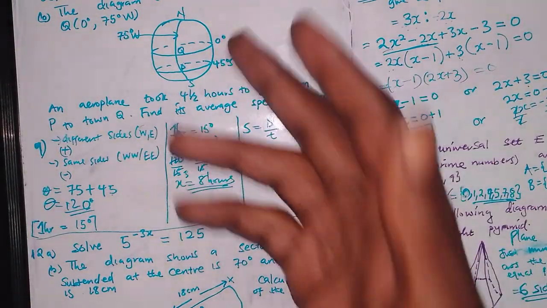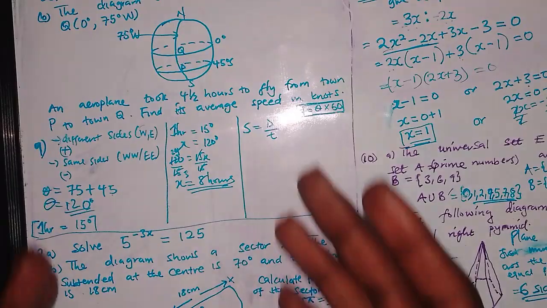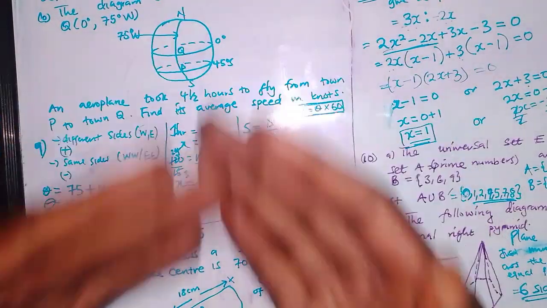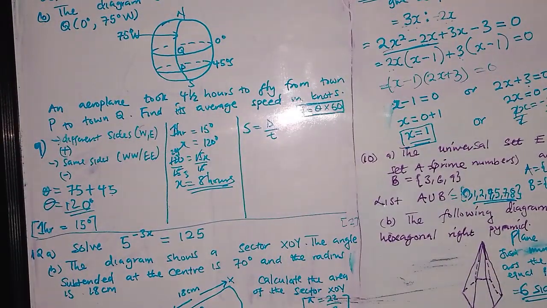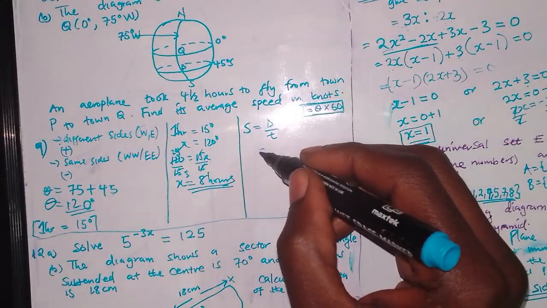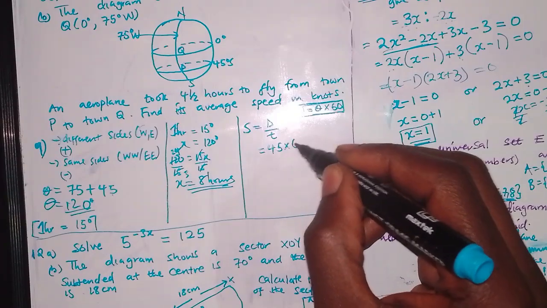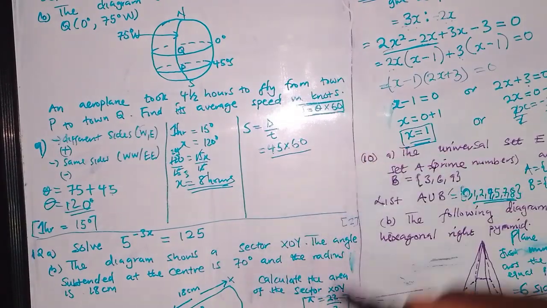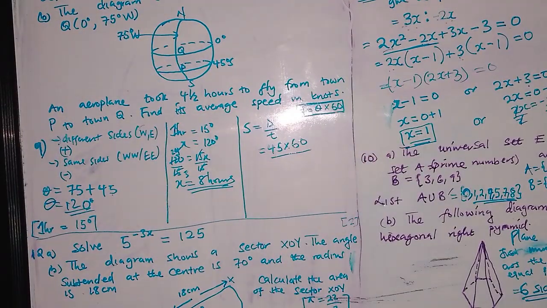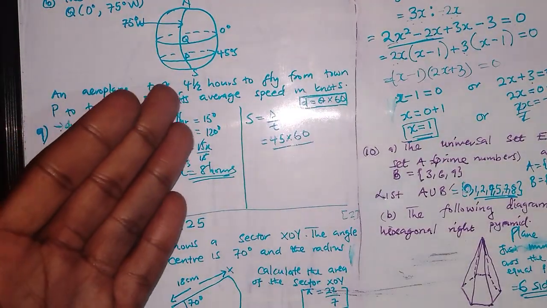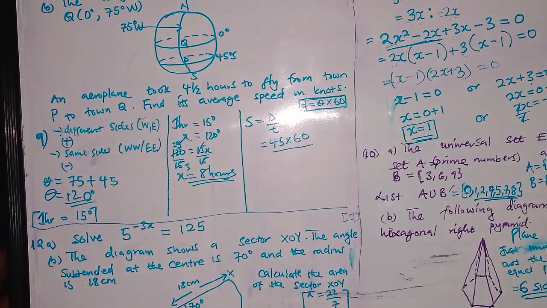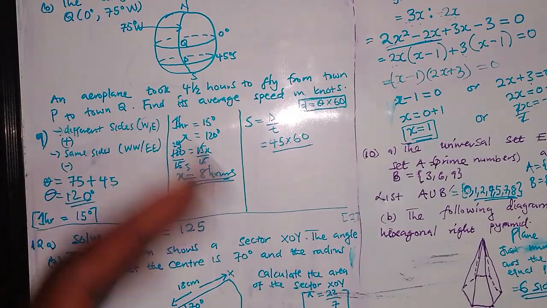So what is the difference in latitude? If you say 45 minus 0, it is 45. So here you say our distance is 45 times 60. Then you convert now your time. Your time is 4.5 hours.